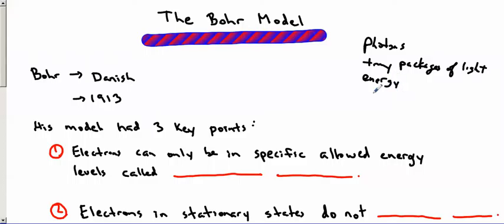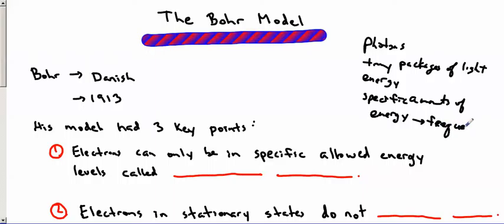They have specific amounts of energy. You cannot get any amount of energy in a photon. They come in very specific amounts of energy, and that energy depends on the frequency of the light.